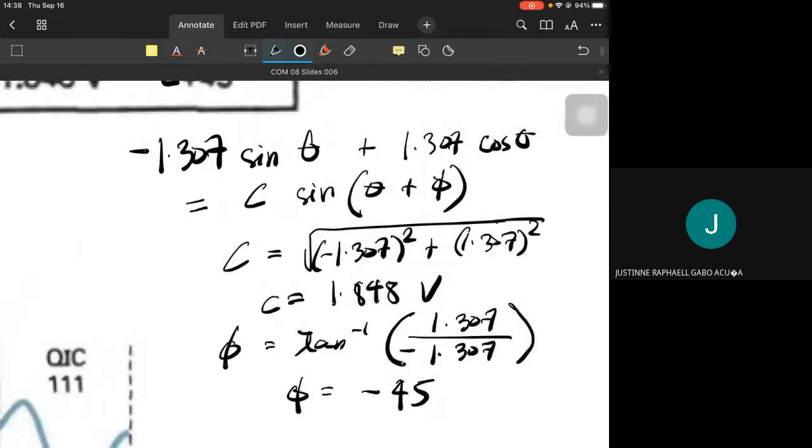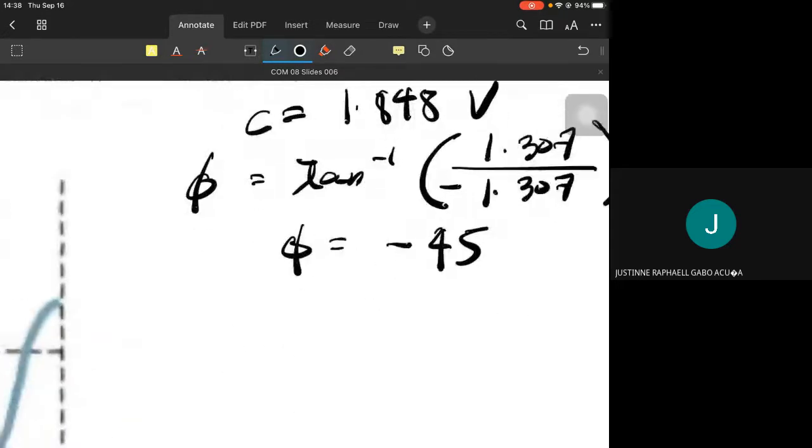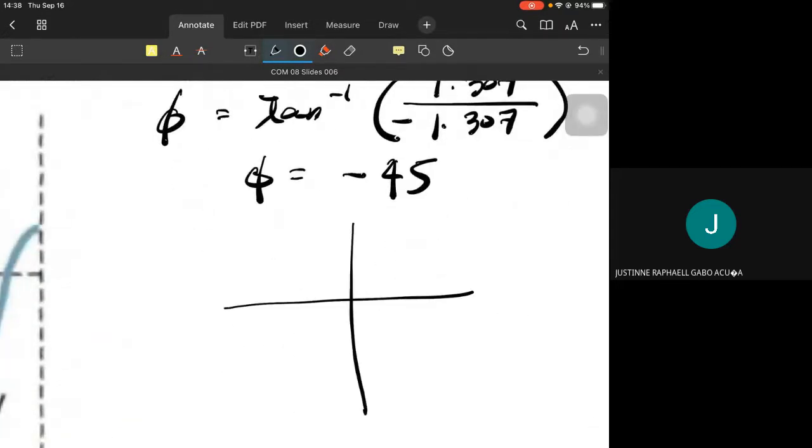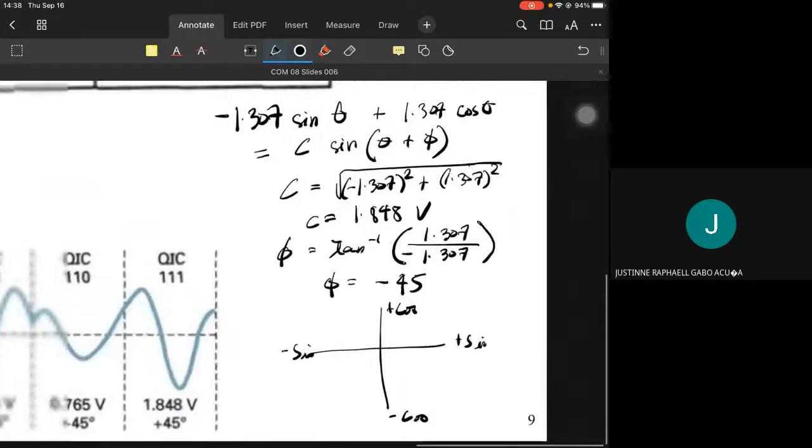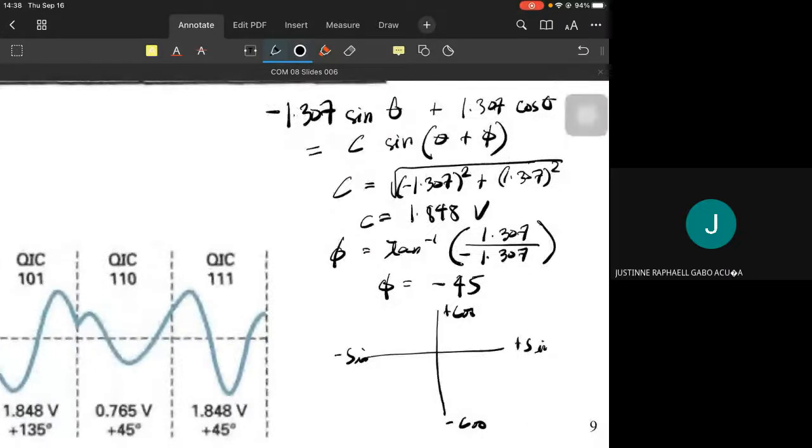Remember, si sine is negative, si cosine positive. So asa dapat na siya? Sa nga quadrant. Second, negative si sine, no? Positive si cosine. So dapat naa somewhere dire, second quadrant. So nakuha nato is negative 45 man, which is naa dire. Negative 45 degrees.